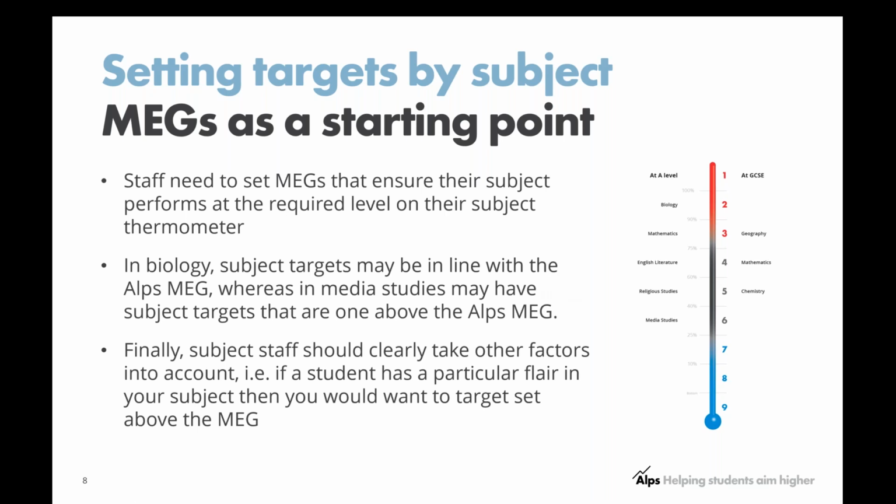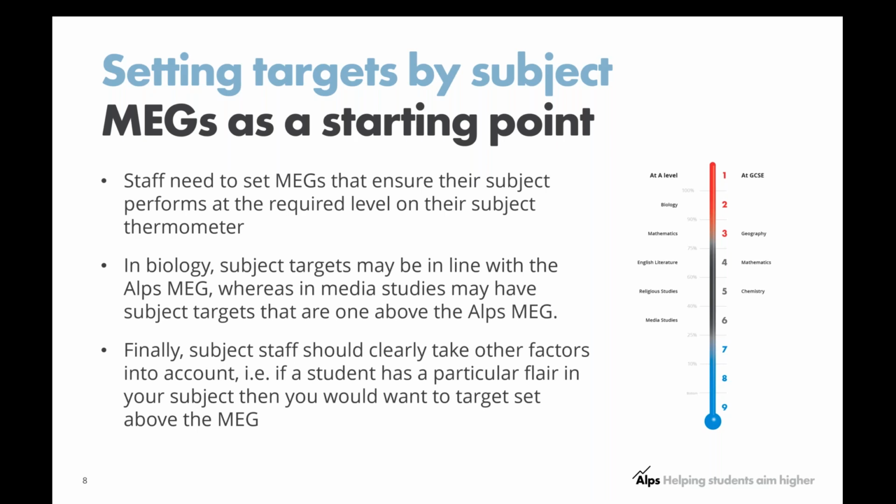I might set all of my students a target of that MEG, so that I know if I get a 1, that makes me a red hot biology department. Whereas if I'm a media studies teacher and I target set at the MEG, that only puts me on a grade 6. So I'm likely to target set 1 up from the MEG, maybe not for all, but for many.